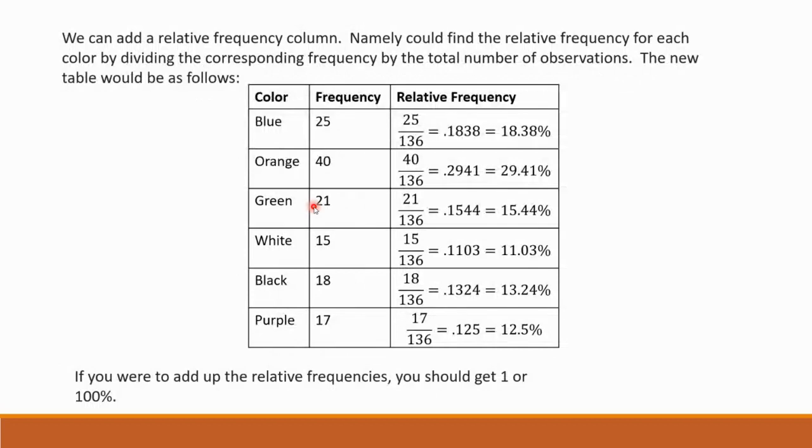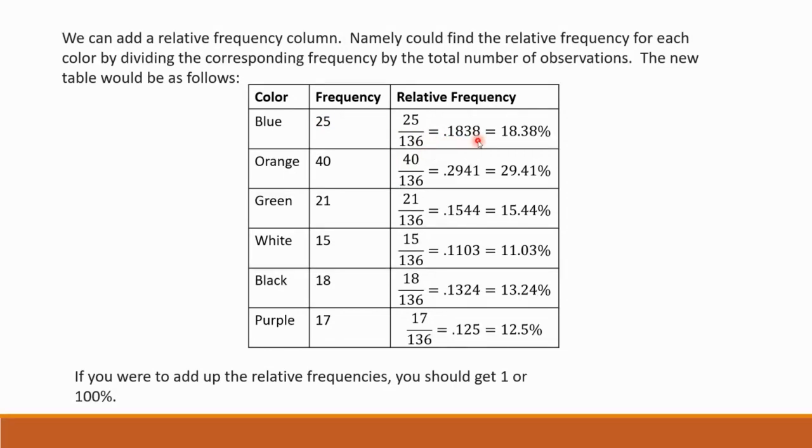With relative frequency, again, you would take each one and divide by the total number of frequencies. So for blue, for instance, you would have 25 over 136. If you do that on a calculator, you get 0.1838.